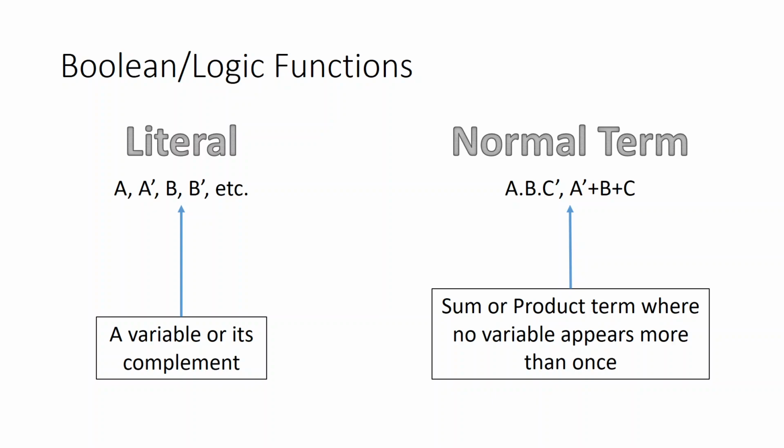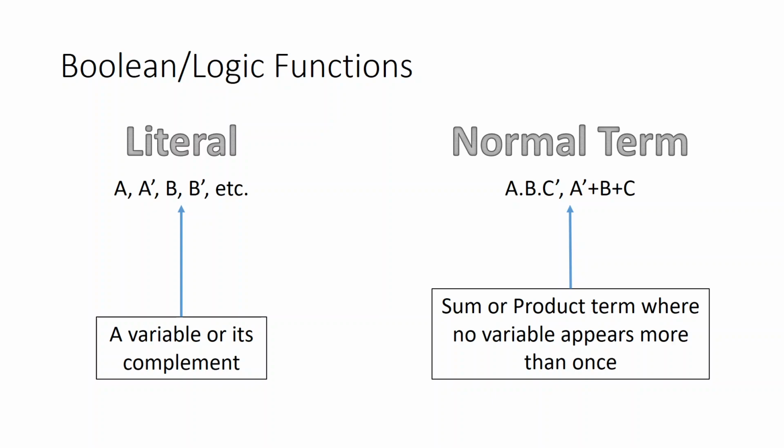So, you see in these examples, a normal term is a b c dashed. If we have a b c dashed a dashed, then it does not remain a normal term anymore. If we have a b a c dashed, then it does not remain a normal term anymore. a dashed plus b plus c is a normal term.